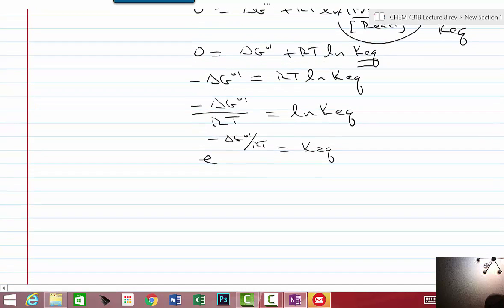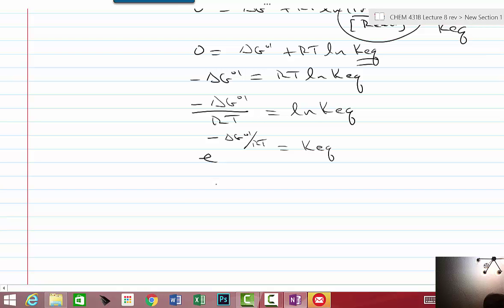In our case, it's going to be e to the minus 10 kilojoules per mole divided by 0.008315, that's the gas constant which has the units of kilojoules per mole multiplied by Kelvin, times the temperature, which is going to be 298 Kelvin.